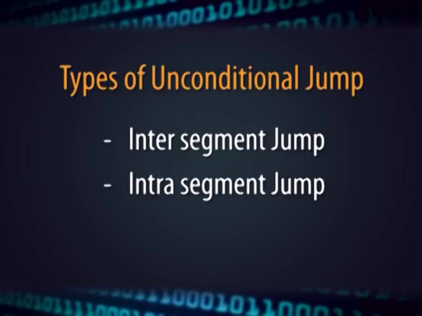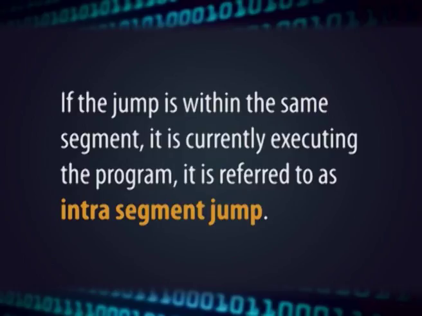The unconditional jumps are further categorized into inter-segment and intra-segment jump. If the jump is within the same segment it is currently executing the program, it is referred to as intra-segment jump. The intra-segment jump is achieved by just modifying the value of instruction pointer register without changing the contents of the code segment register.